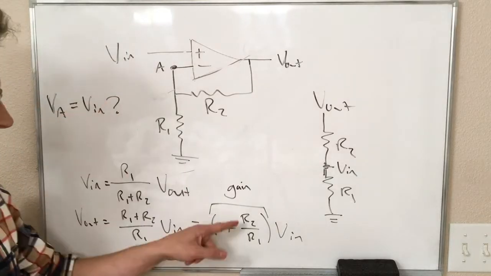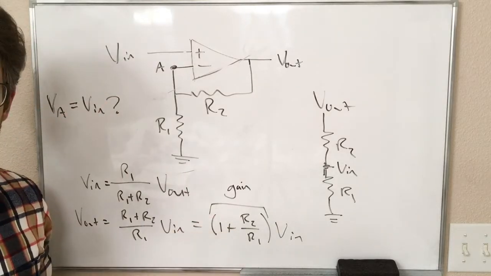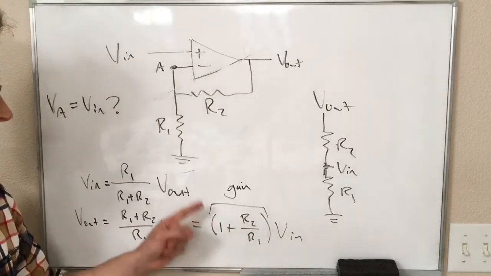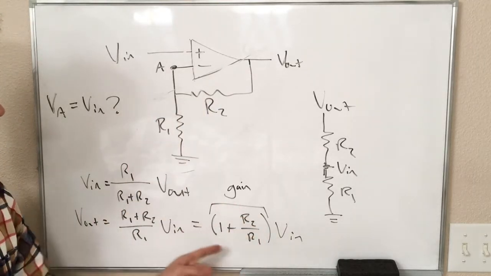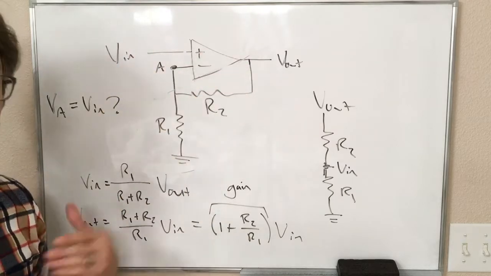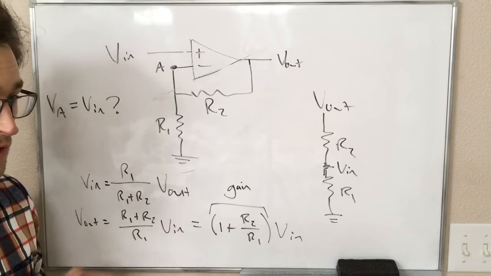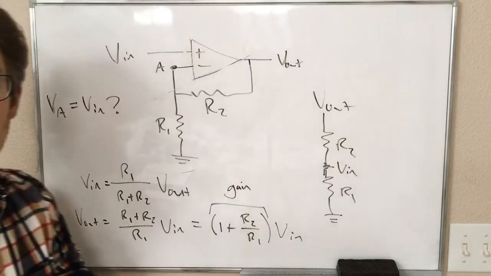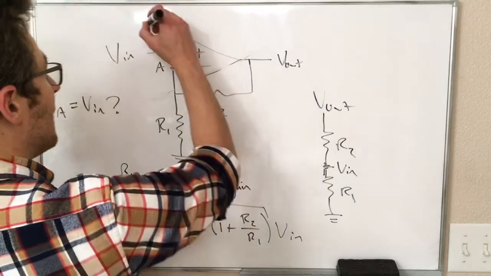For this circuit, remember, R1 and R2 are always going to be positive. Resistors are always positive. And so whatever values we plug in here, this gain is also always going to be positive. So rather than Vin and Vout having an inverse relationship, where if one goes up, the other goes down, these two have a not inverse relationship. This is the non-inverting amplifier.